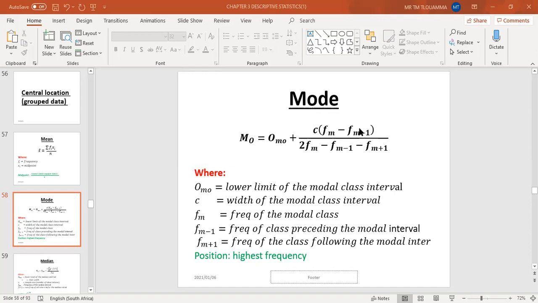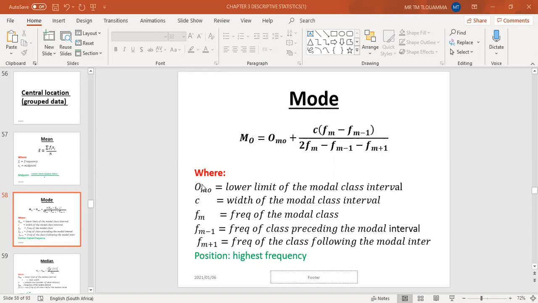Then you divide by 2Fm minus Fm minus 1 minus Fm plus 1. Even Fm plus 1 is a formula on its own. You don't have to tamper with these ones and say plus 1. If you take the Fm and add 1, it will be wrong.